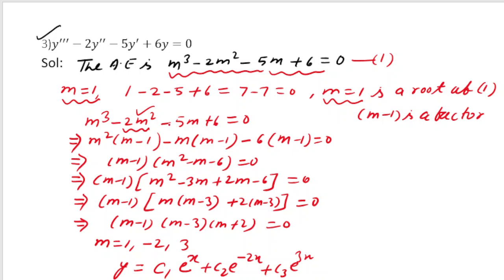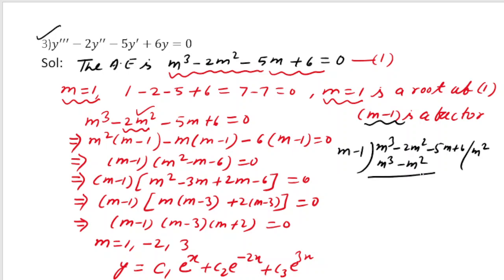For those students who have not understood how I factorized it, after this step where you have got m minus 1 as a factor, you can divide the whole expression m cube minus 2m square minus 5m plus 6 by this factor m minus 1. To divide it, first you take m square, it will become m cube minus m square, then you subtract, it will become plus, it will become minus, you can cancel, you will get minus m square minus 5m plus 6.